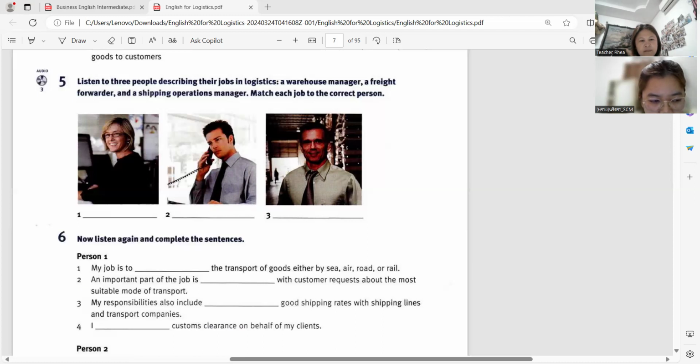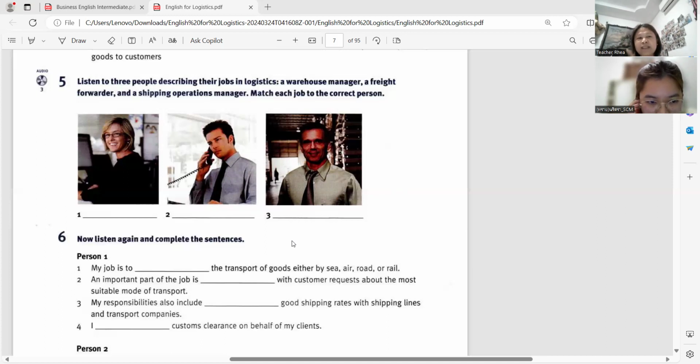I also make booking reservations. That means I book space on a ship, train, lorry, or airplane. Another part of the job is to consolidate a number of shipments under one bill of lading. Apart from that, I have to deal with all the necessary documentation, and in many cases, I arrange customs clearance on behalf of my clients.